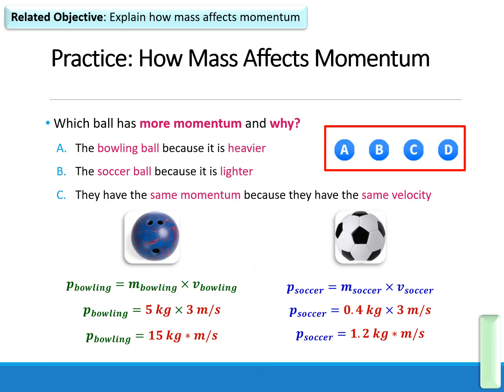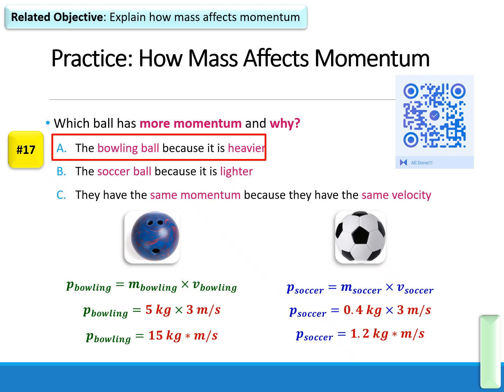Well, I know that that bowling ball has a higher momentum because it's got a bigger mass, right? So the bowling ball has more momentum because it is heavier. And that is the answer for question number 17.